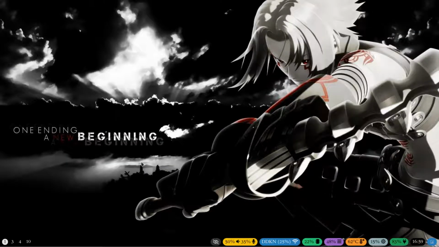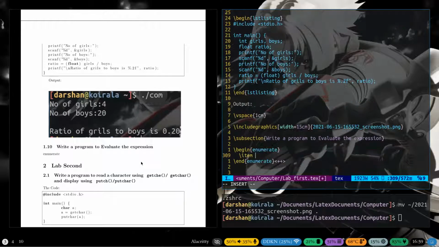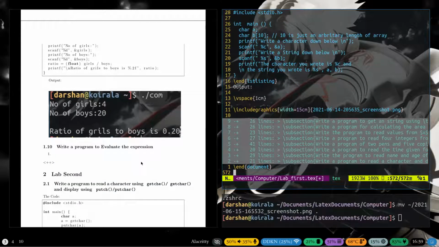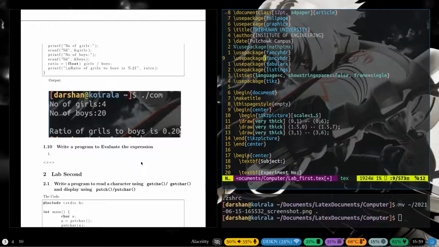I think that is no, ABCD, so I have to write enumerate package. Enumerate. And it's F5, not F6. So enumerate package. And just write huge package enumerate.